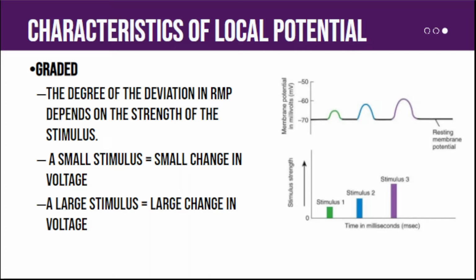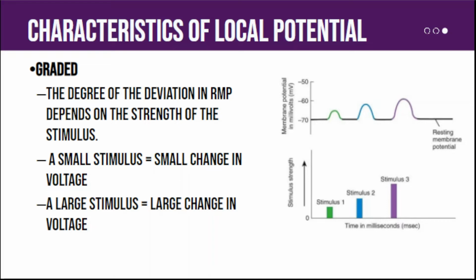So if you have a small stimulus, there will be a small change in voltage. But if you have a large stimulus, then malaki rin yung pagbabago sa voltahe. As you can see in this image, no, you have three stimuli here. Stimulus 1, from negative 70, it was able to, I think, elevate the voltage to around negative 75. No? Fair enough. Then you gave stimulus number 2.